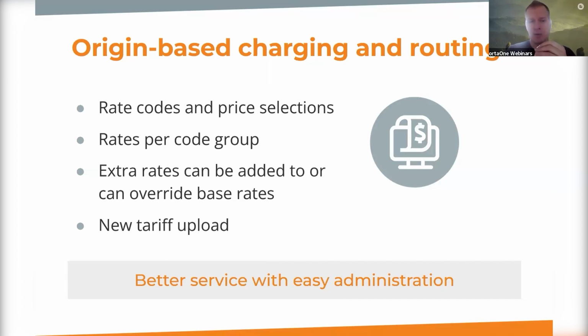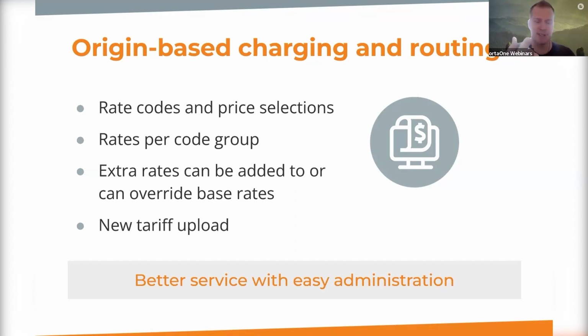The second thing that we've noticed in those sample tariffs is that origin-based prices are usually defined not for a particular phone number prefix. They are usually defined for a group of prefixes, for a whole country, for a particular network. The thing which we used to call destination groups, and now it's called rate code group, or again, for simplicity, code group. So that's what we implemented. We implemented a new type of tariffs.